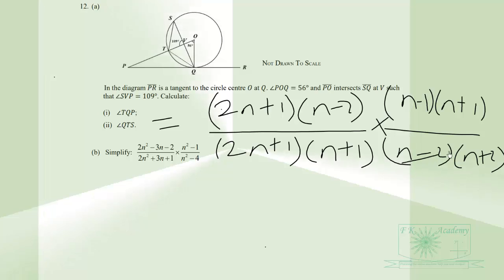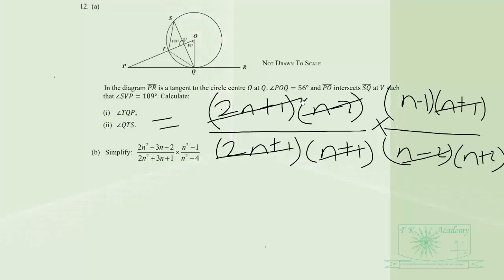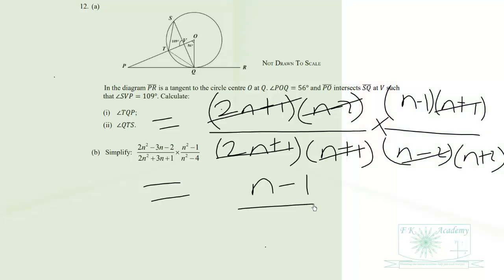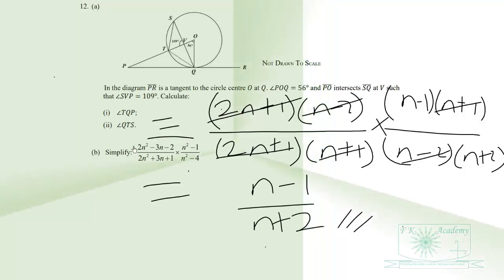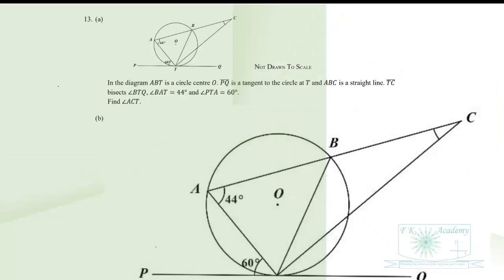So the n minus 2 gets rid of n minus 2, n plus 1 will get rid of n plus 1, and 2n plus 1 will get rid of 2n plus 1. So we are left with n minus 1 all over n plus 2. So that is the simplified form of this expression you are seeing here.